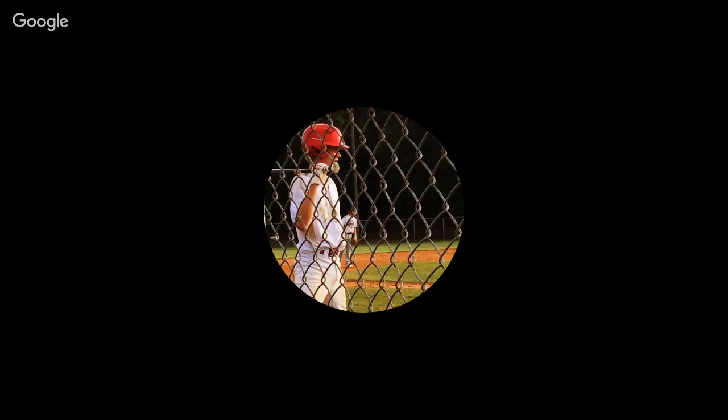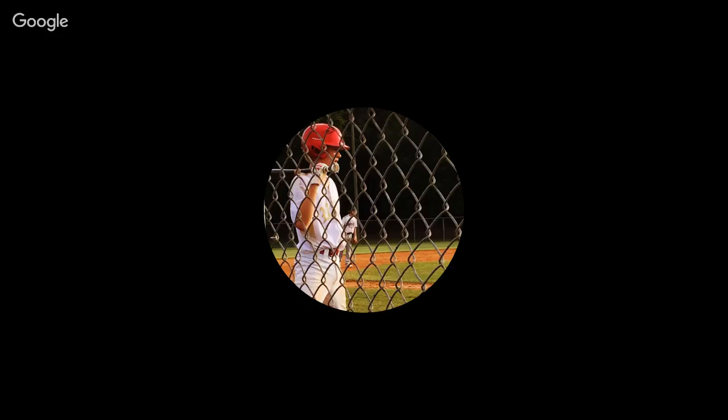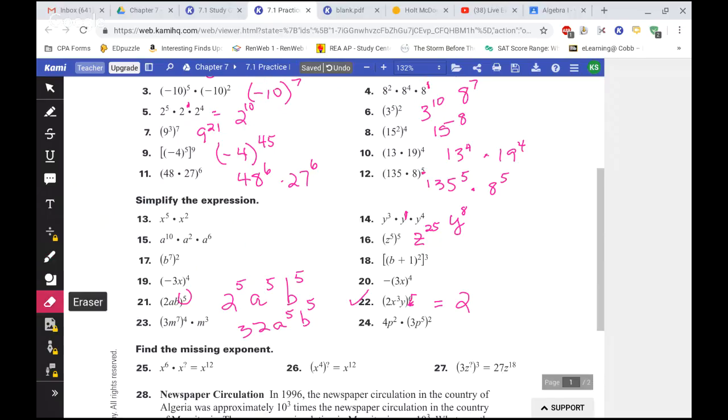The 5th. This right here on number 22, I'm applying this right here to everything inside. So what's it raised to? The 3rd, or is it the 6th? The 6th. Good job. It's the 6th.